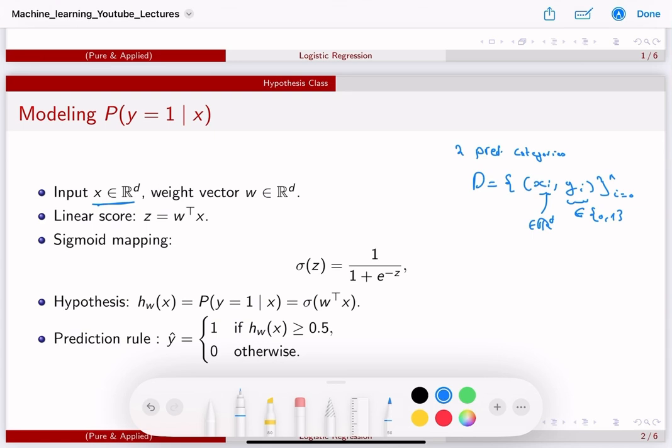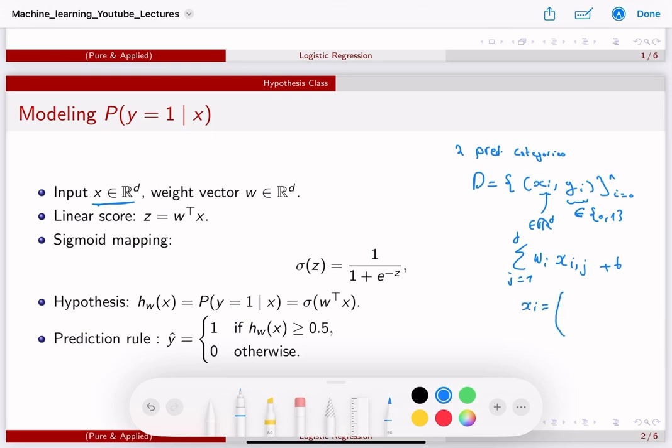To predict the label, we're going to take every feature vector, which has d features, and look at a linear combination of the features.